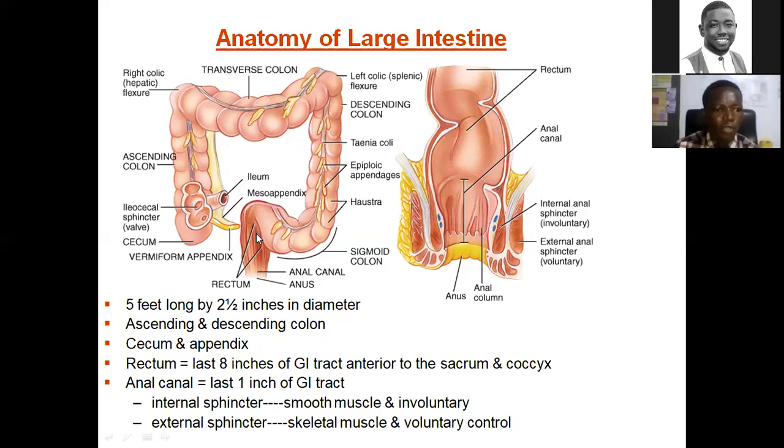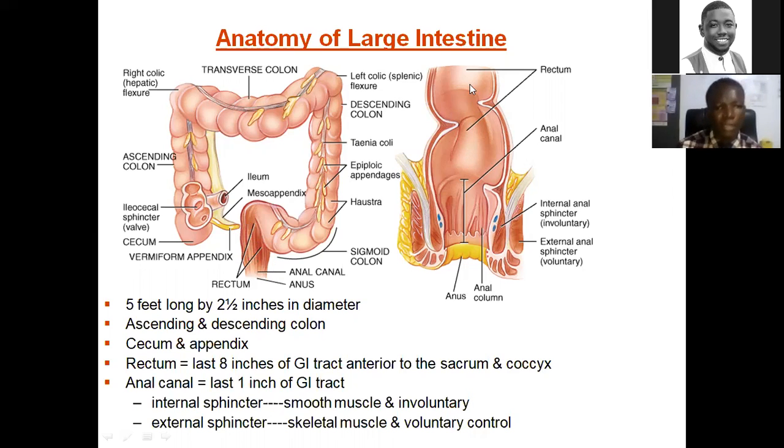So we have the rectum here, which is also made up of smooth muscles. From here, we have the anal canal that ends at the anus. Later on, we'll get to learn the different types of muscles that we find in here, especially on this diagram.